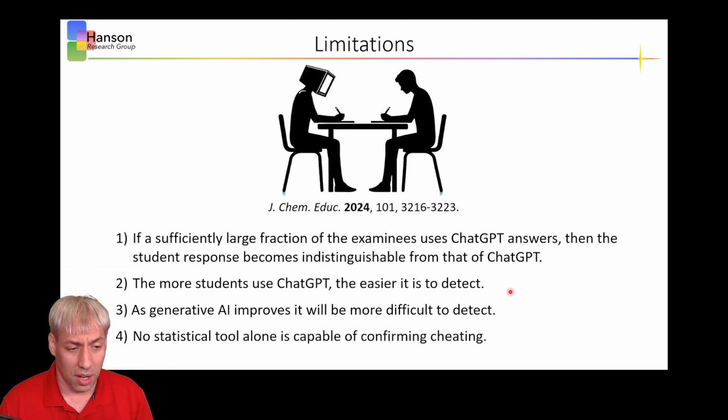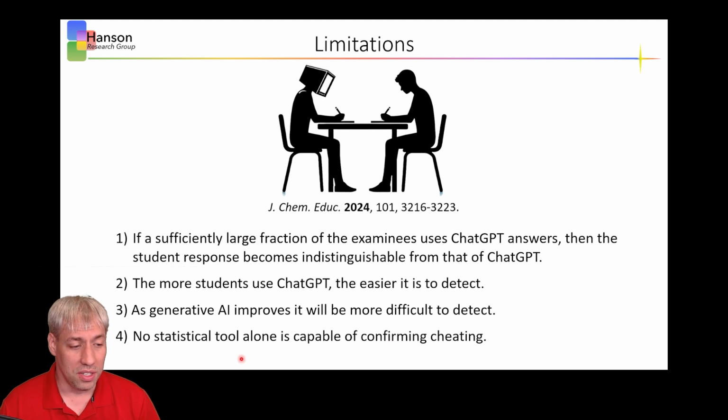And so it's going to be harder to detect. As generative AI improves, it'll become more difficult to detect. Basically, as it gets better and better at answering, it's going to be impossible to distinguish high-performing students from high-performing ChatGPT. And so as ChatGPT or generative AI gets better, it's going to be more and more difficult to detect. And that's just an arms race in the technology versus the test writing quality.